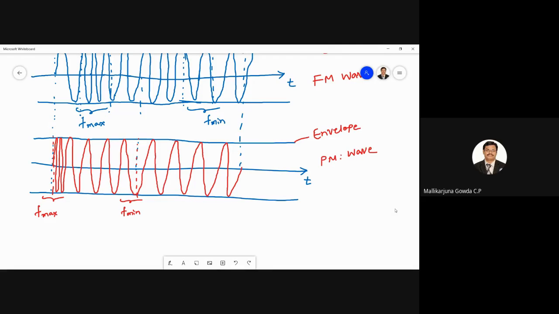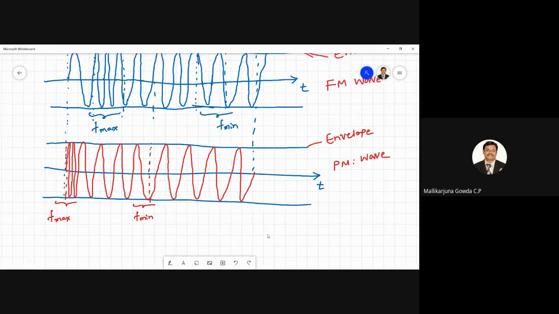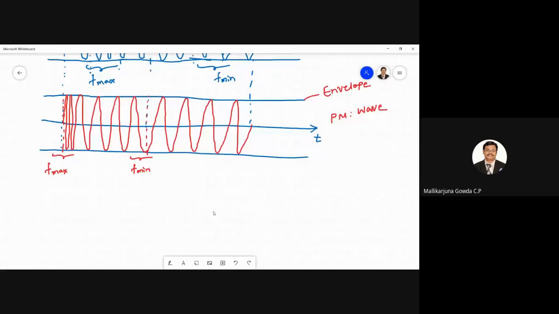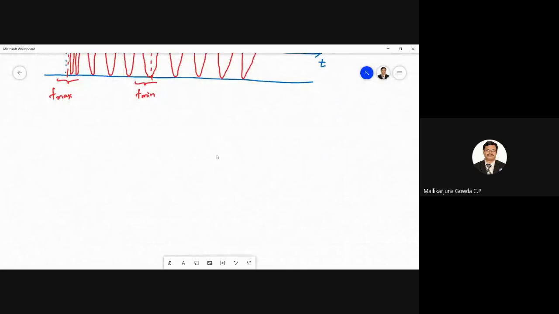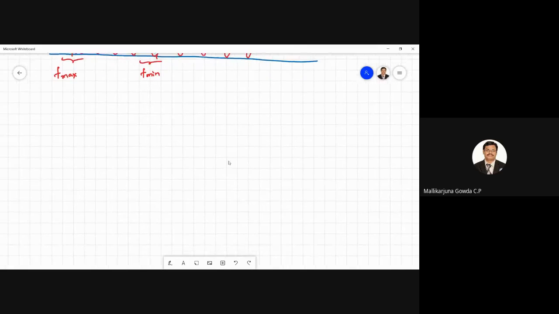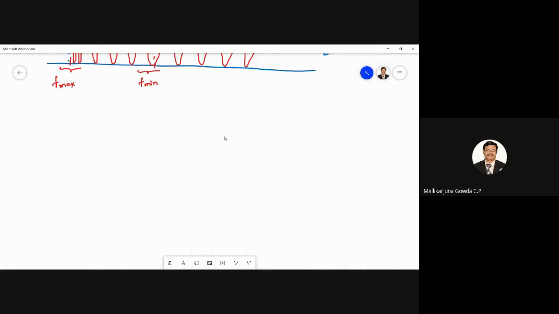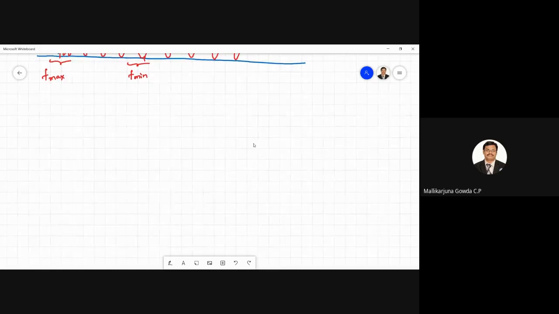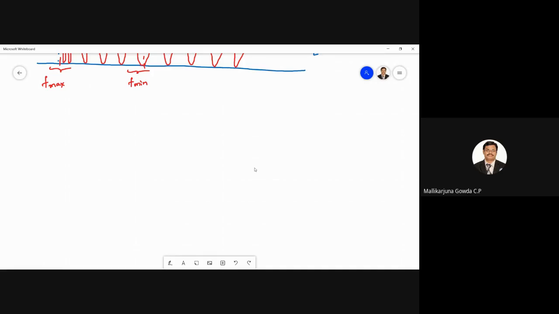Do you know what is linear and non-linear? When do you say it is linear? To say linear, it should obey what? Linearity.